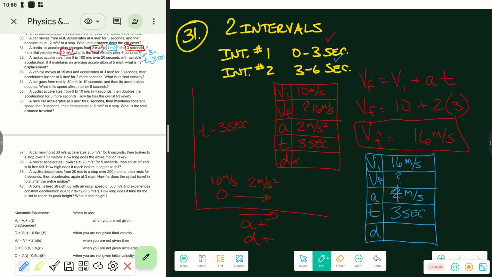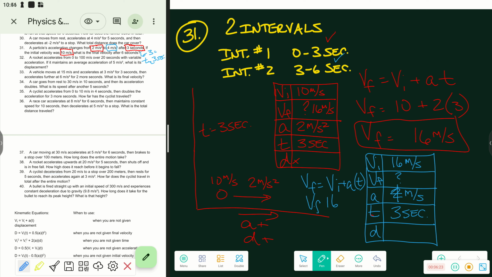All right, so now, what do you have to figure out? What's the final velocity? So the final velocity for that is going to be, do the same equation. VF equals VI plus A times T. Okay, so VF, that's what we're solving for.